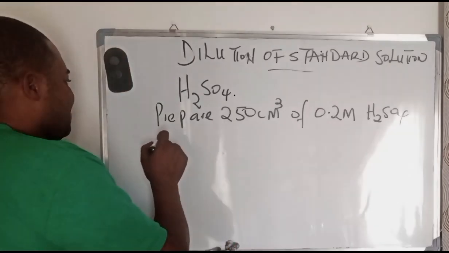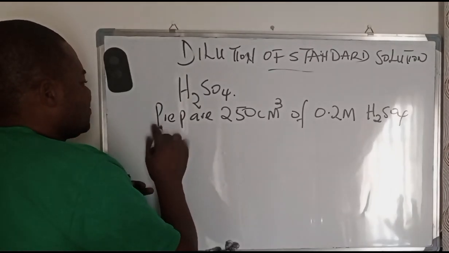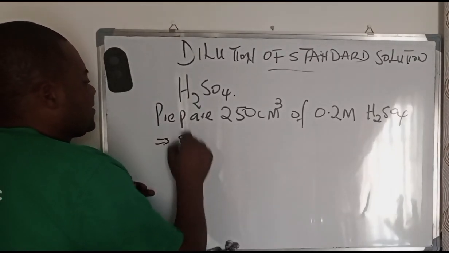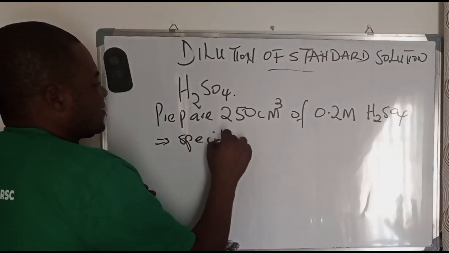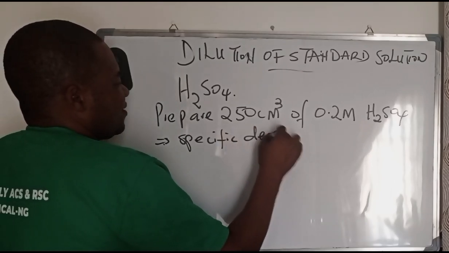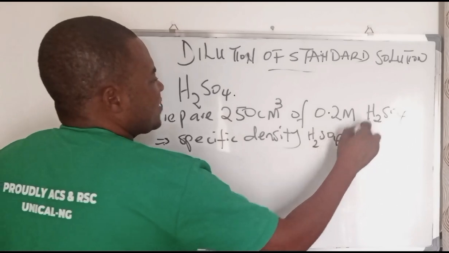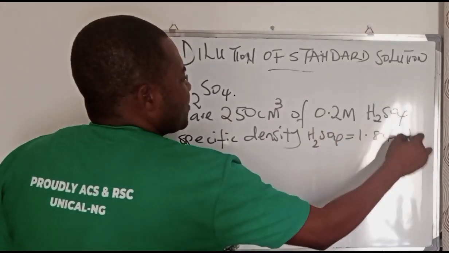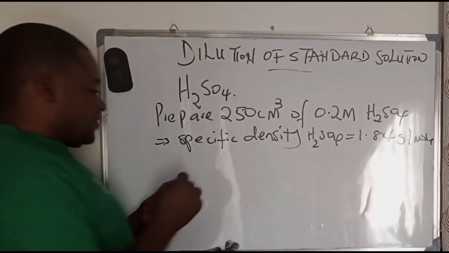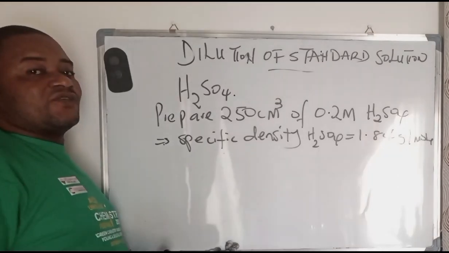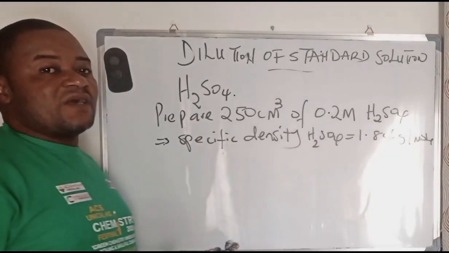Now, we must know that the specific density of H2SO4 is 1.84 grams per mL.